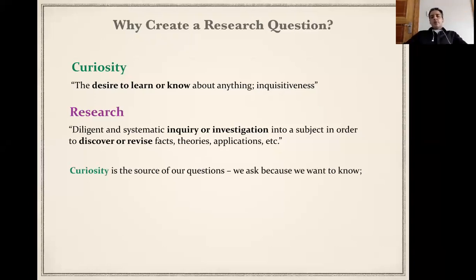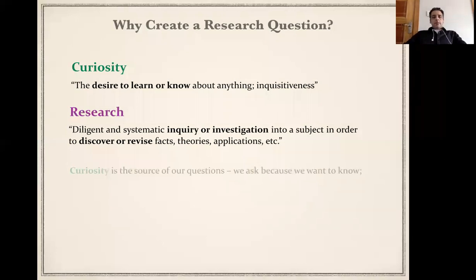Curiosity is the source of our questions. We ask because we want to know. It's a desire which drives us to know different things. We work on things, we come across different question marks, obstacles, limitations, and that is what makes us think about these questions: how, when, what, where, and so on.